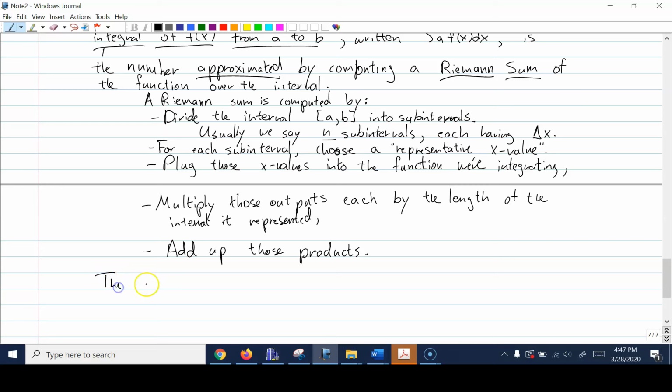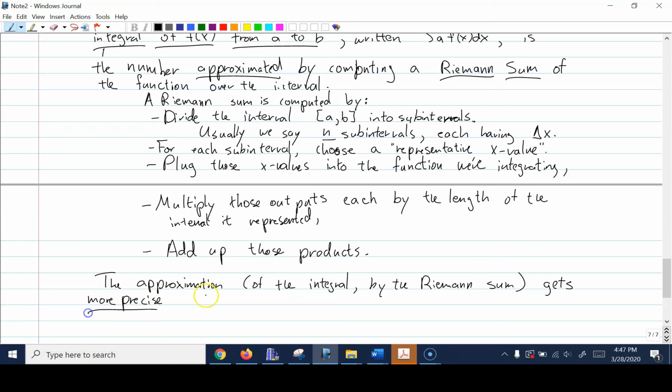The approximation of the integral by the Riemann sum gets more precise as the length of the subintervals goes to 0.